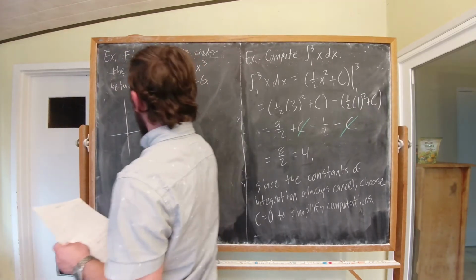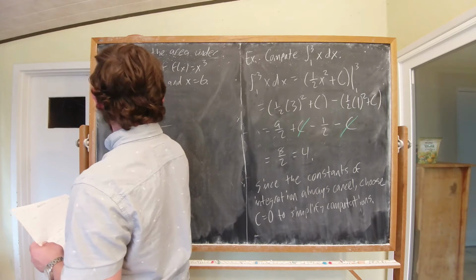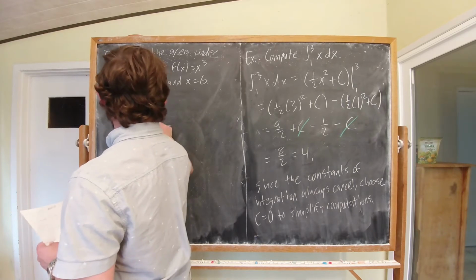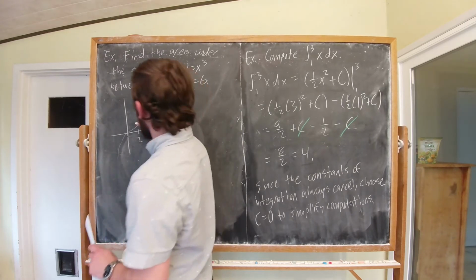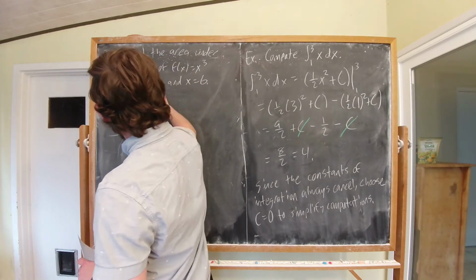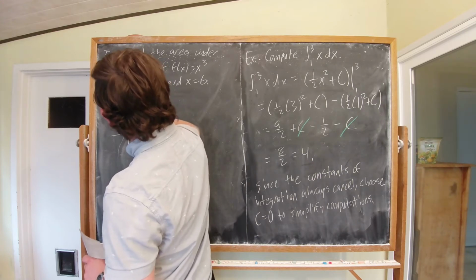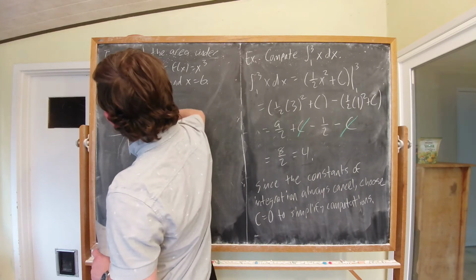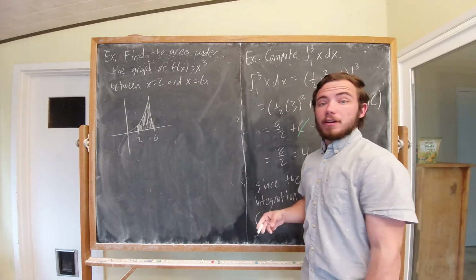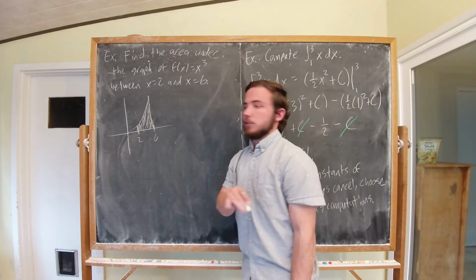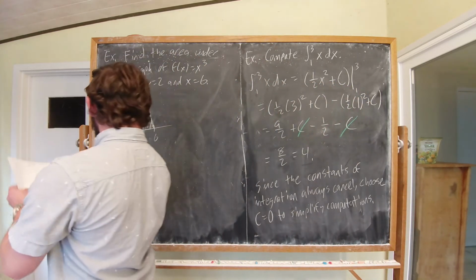So our picture for that, we have x cubed, which looks roughly like this. And we're saying, okay, between 2 and 6, please note that this graph is very much not to scale, I want you to find this area. Well, that's just a definite integral. Can't be computed geometrically, no matter how hard you try. But with the definite integral, nice and simple.